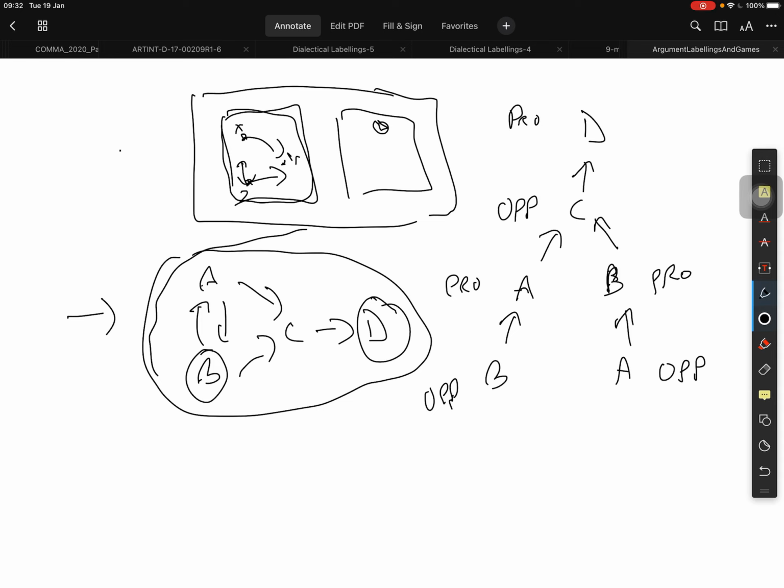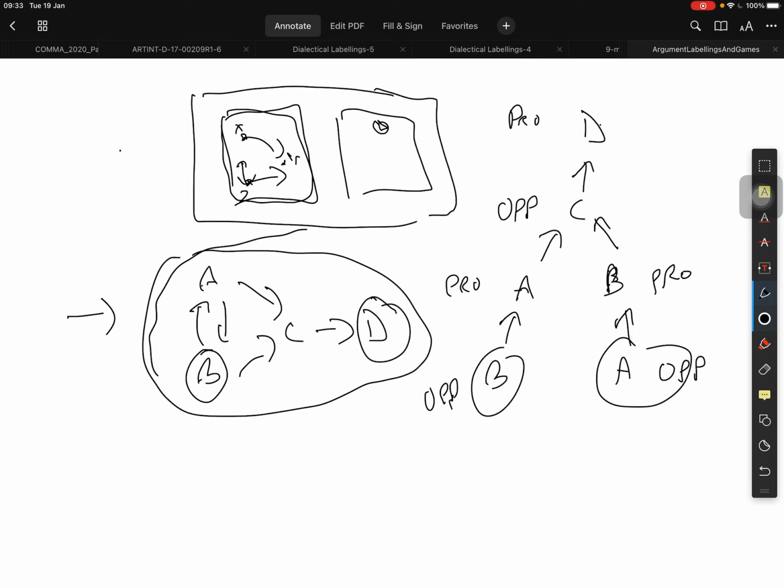At this point we notice that proponent has tried both ways, A and B, but cannot now counter opponent's moves. There's nothing that they can move here because of the non-repetition rule. So proponent has failed, opponent has succeeded in demonstrating that D is not in the grounded extension, because proponent has no response to any of opponent's moves. So D is not in the grounded labeling.